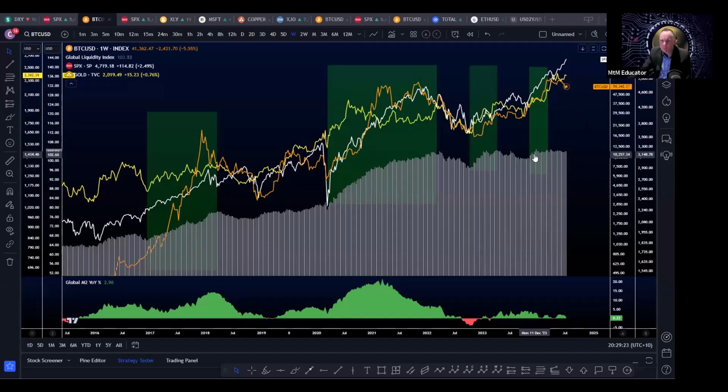So we're sort of flatlining here. The only asset class that is behaving according to M2 money supply right now is gold, which has been consolidating in a range. The S&P's carried on its very extensive trajectory, and Bitcoin has had a significant pullback.